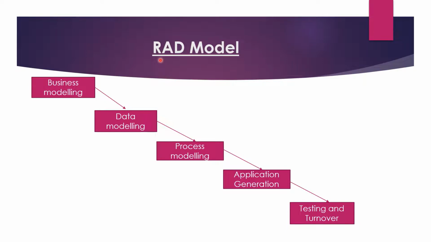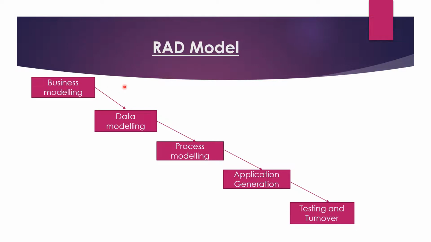The rapid application development model is an incremental software development process, and the RAD model is a high speed adaptation of the linear sequential model. If we want to build software in an extremely short period of time, then software engineering teams use this model.